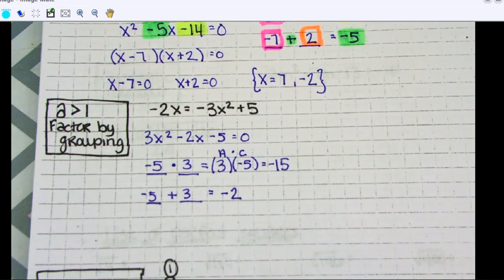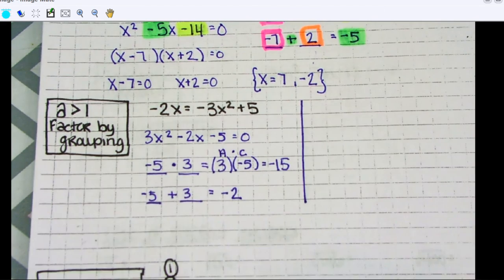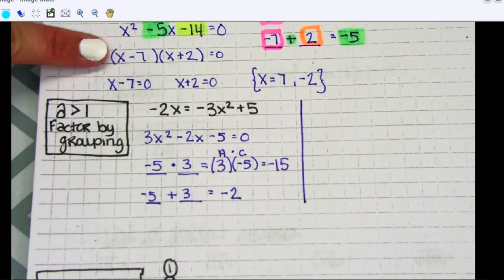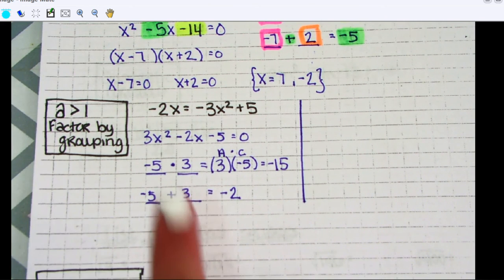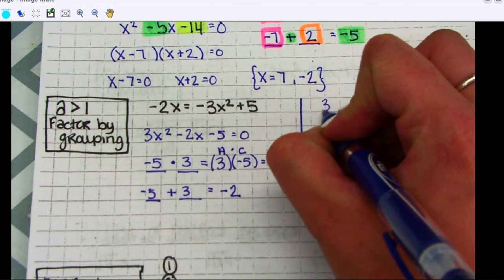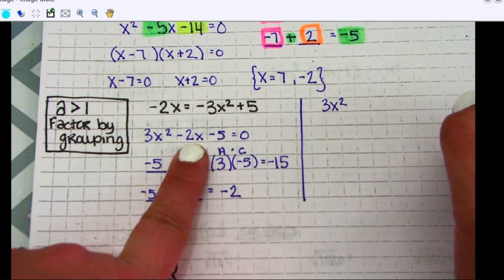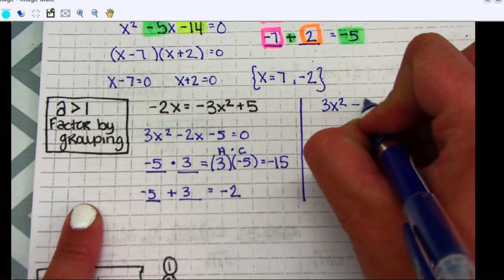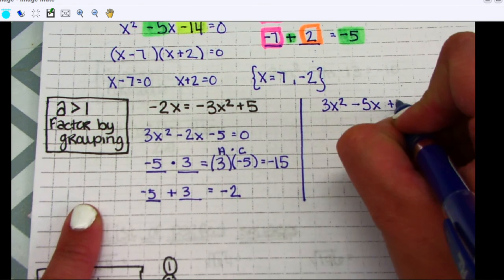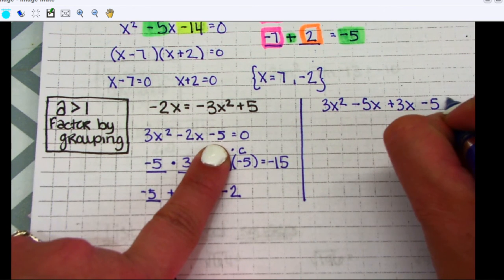This is where we break it up. So whenever the A value is greater than 1, you can't use this shortcut. You have to break it up by factor by grouping. So my 3x squared stays. Instead of writing -2x, this is where we write these terms: -5x plus 3x, and then we still have our -5.